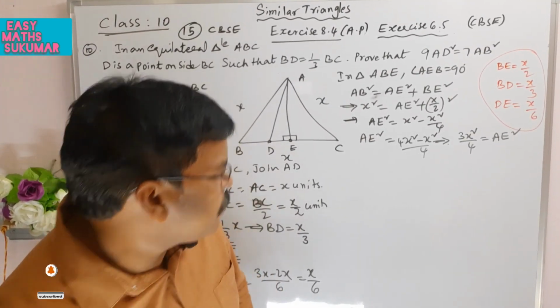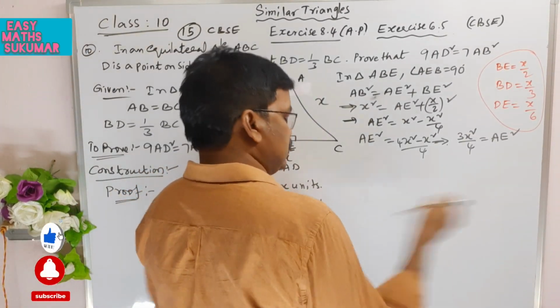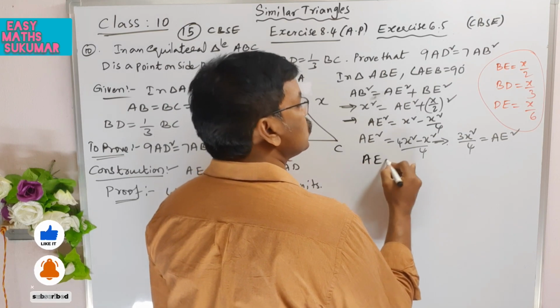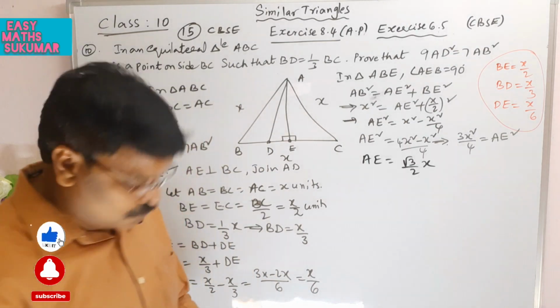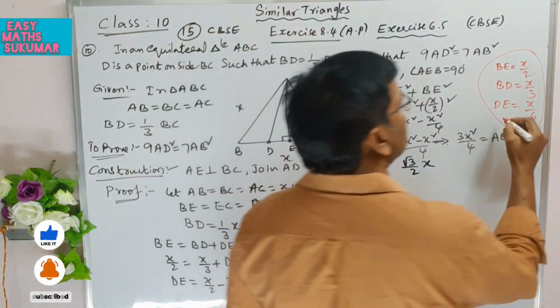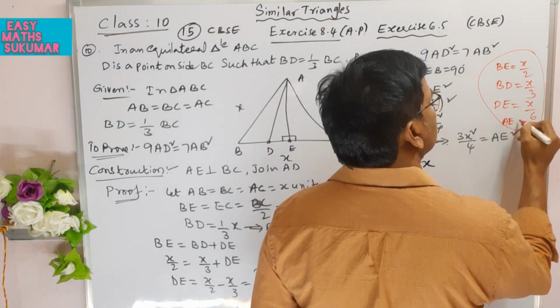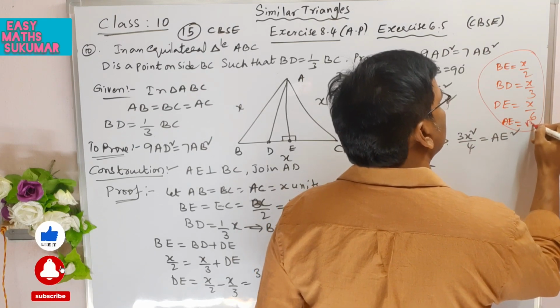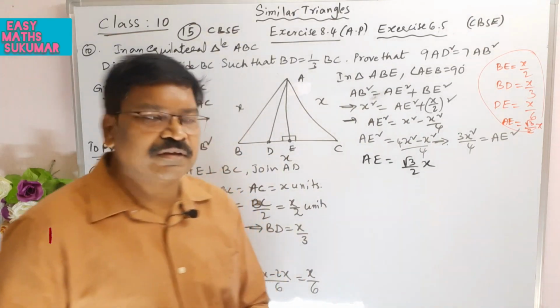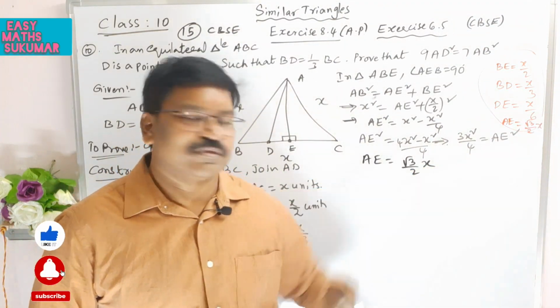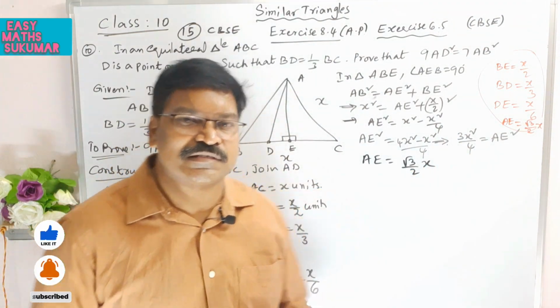AE is root 3 by 2 into x. Okay, now we have found AE here: AE is root 3 by 2 into x.